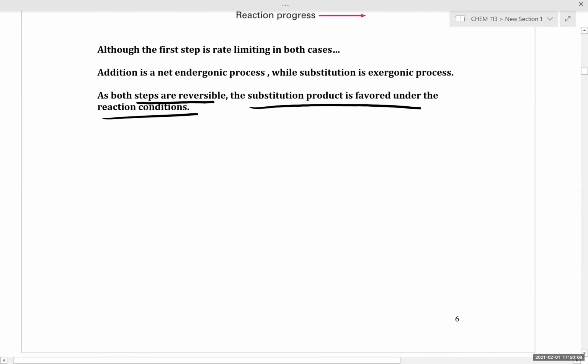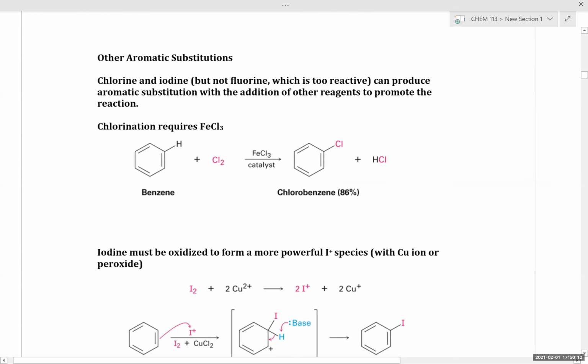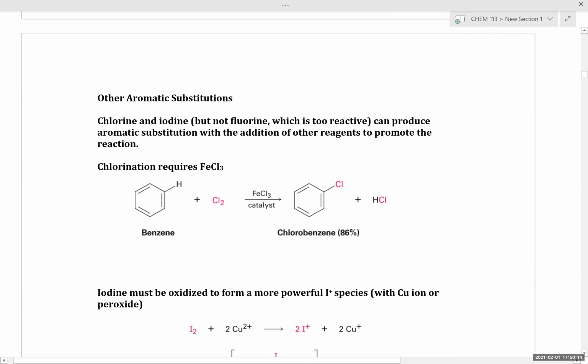Okay, so let's keep going now, and let's look at other aromatic substitutions. We can just as easily incorporate other halogens such as chlorine or iodine. Not fluorine, fluorine's too reactive, but for chlorine, in the presence of iron trichloride or iron(III) chloride as our catalyst, we can get chlorination of our aromatic rings.